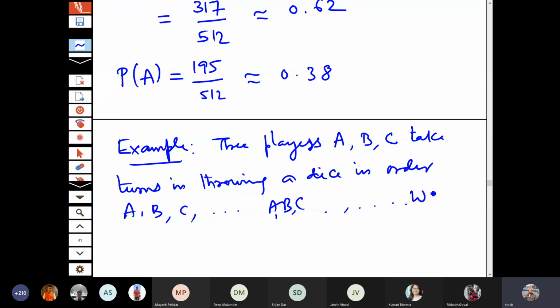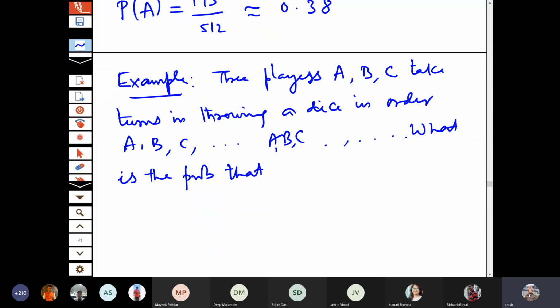What is the probability that A is the second player to get a 6 for the first time?